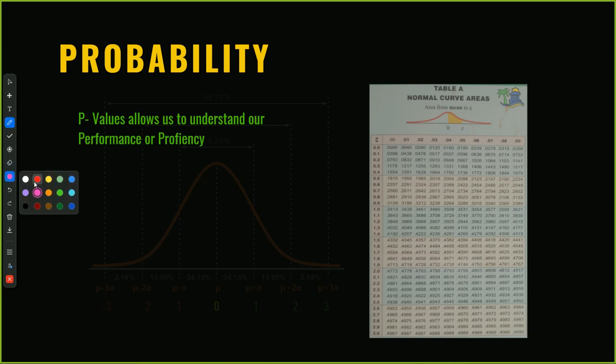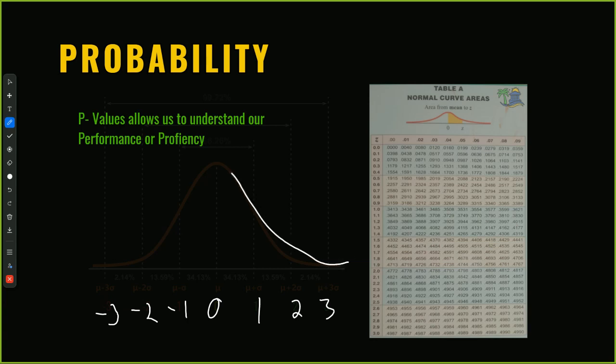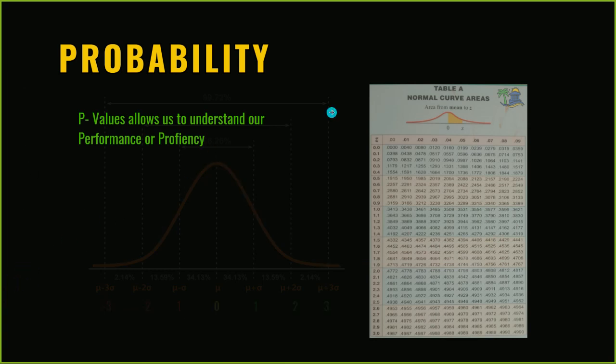Because keep in mind, as we're going through 0, 1, 2, 3, -1, -2, -3, that's a standard normal distribution that we can relate no matter what our variables are. So overall, p-values allow us to understand our performance and efficiency in our process.